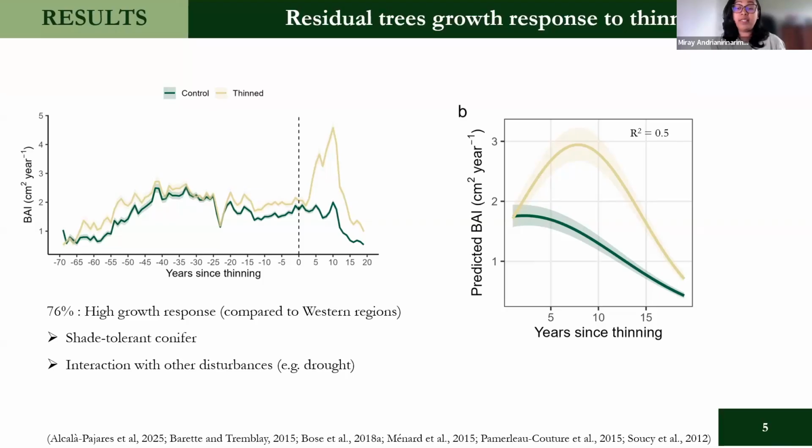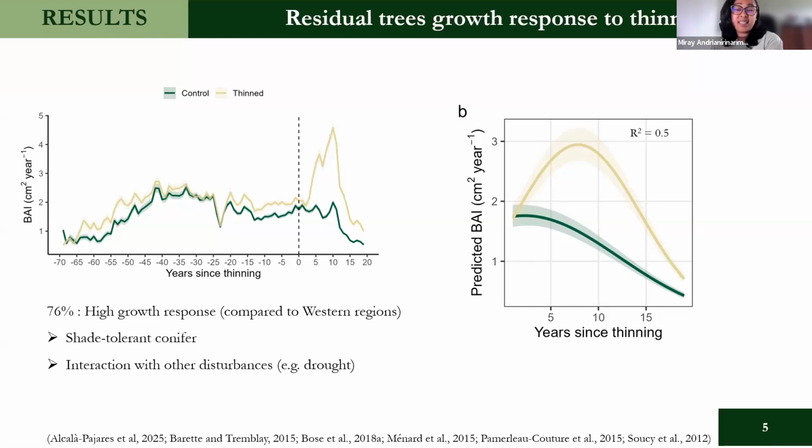But such positive responses to thinning were reported for shade-tolerant conifers, which were growing for a long period under resource-limited conditions, such as those we found in eastern Quebec. They conserve their capacity to respond once the canopy openness increases, such as after thinning.